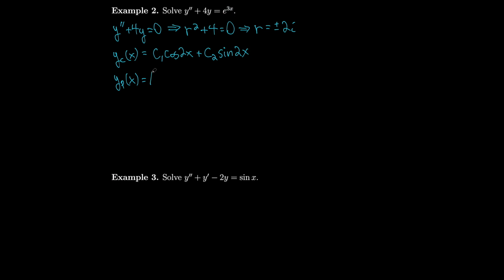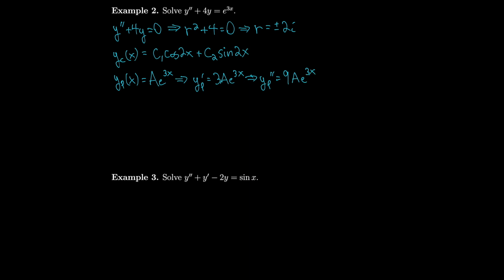So we just have to multiply by a constant, a e to the 3x. That means that when we take our derivative, we get 3a e to the 3x. And when we take a second derivative, we get 9a e to the 3x.